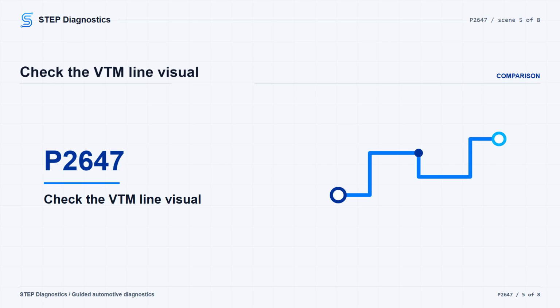If there is continuity, the path continues to the LG line check. If there is no continuity, repair the open in the VTM wire between the rocker arm oil pressure switch and PCM B21, then verify the repair.